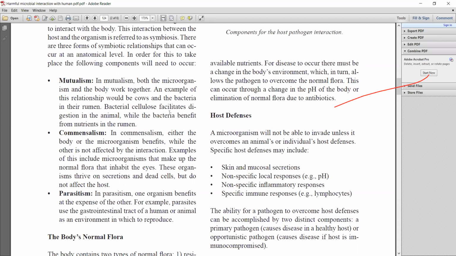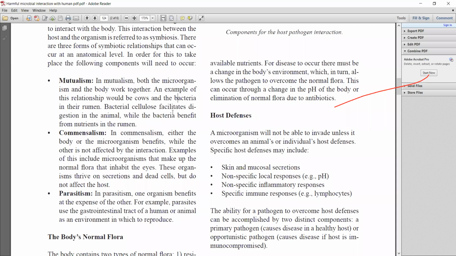So they are both dependent upon each other. Nobody is harming the other one. They are both dependent and both helping each other. So this is a mutual understanding between the bacteria and the host. Okay, so that kind of symbiotic relationship is called mutualism.